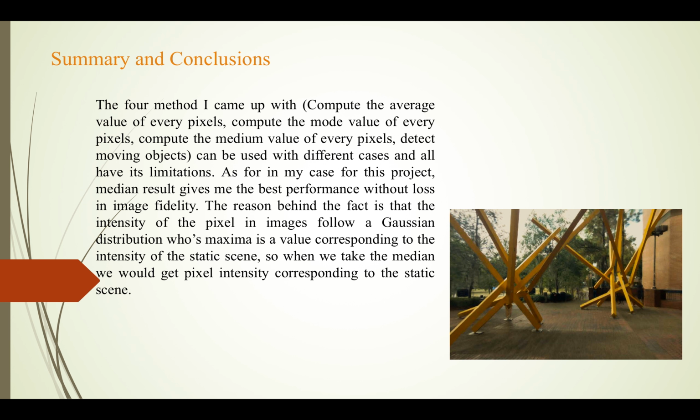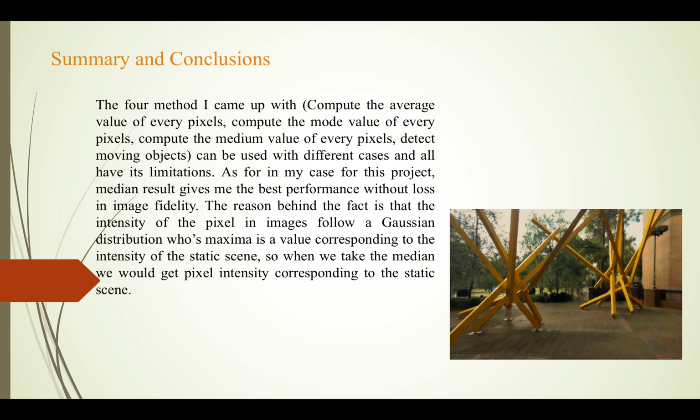Conclusion. The four methods I came up with compute the average value, the mode value, the median value, or detect moving objects. These can be used in different cases, and all have their limitations and advantages.